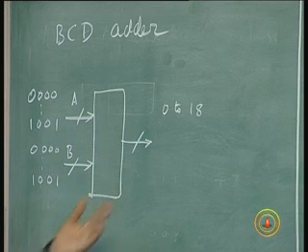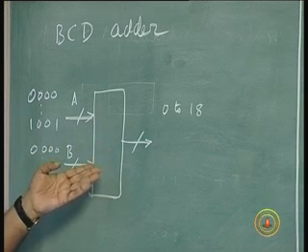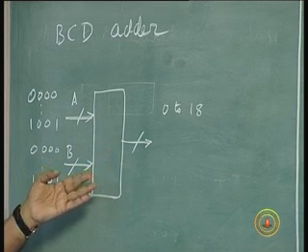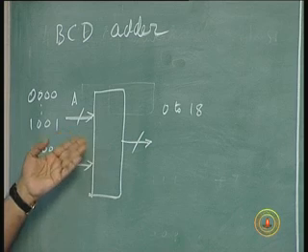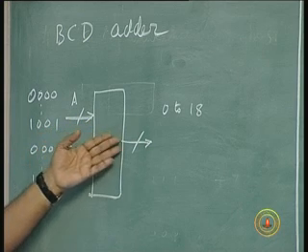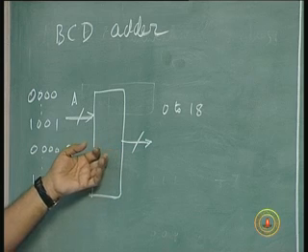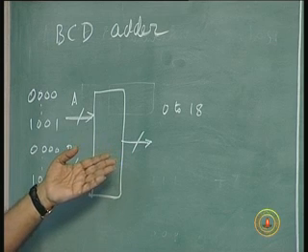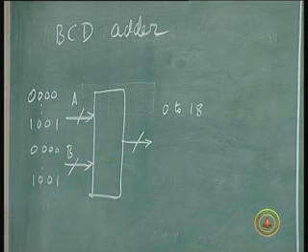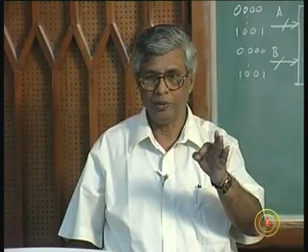But inside it is a binary adder. So when I give numbers up to 9, there is no problem. 10 will become 1 0 1 0, but I would like to have 10 as 1 followed by a 0.